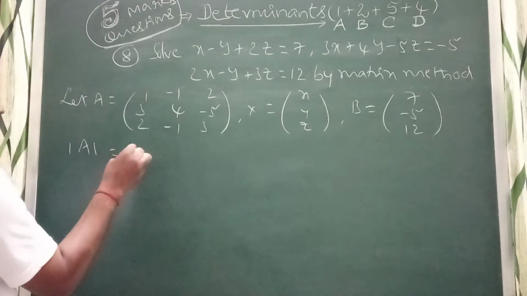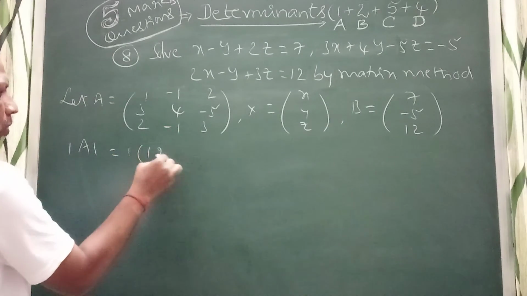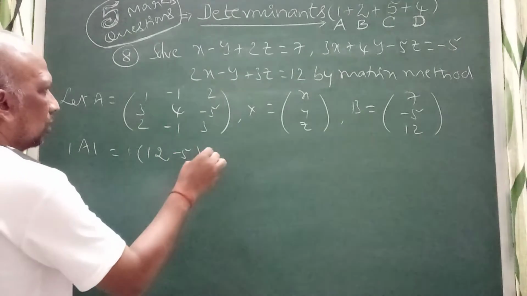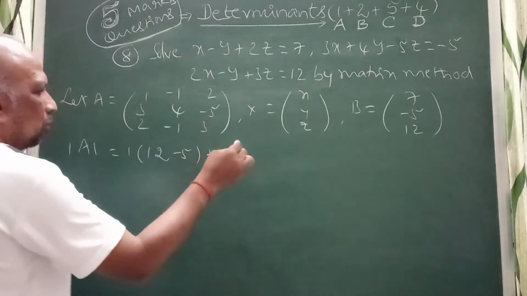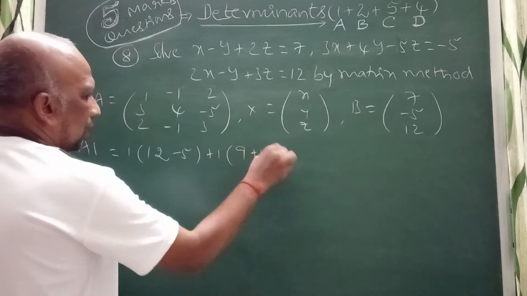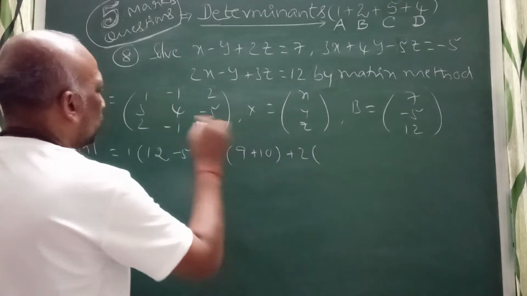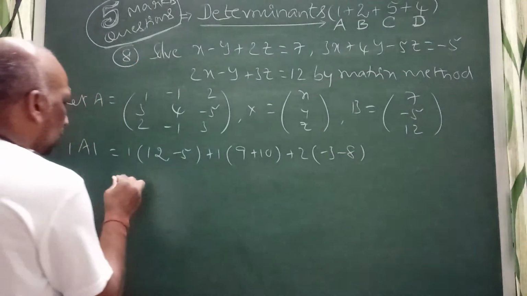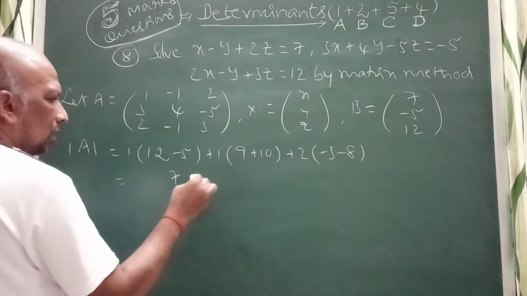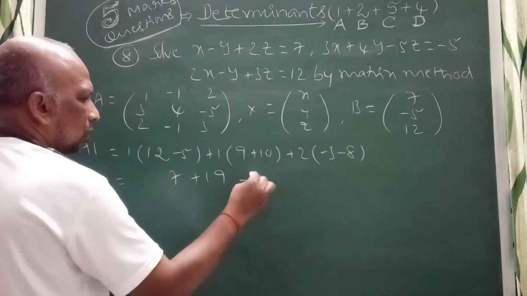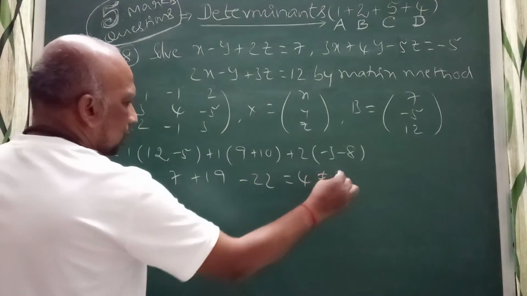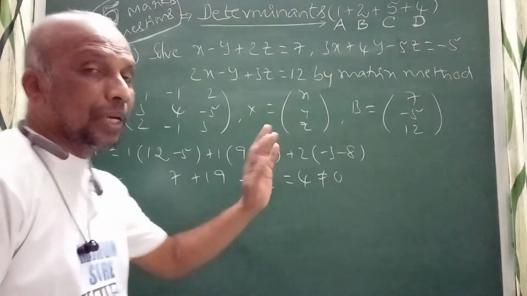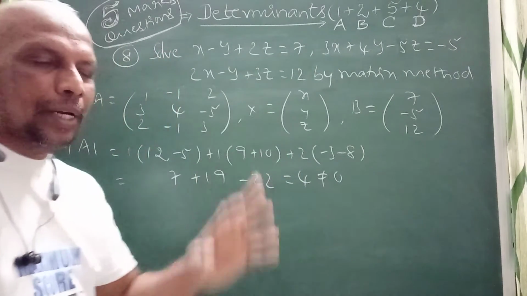After writing this, I should find det A. I can write 1 into 12 minus 5, we get minus 5, plus 1 into 9 plus 10, plus 2 into minus 3 minus 8. Counting this, 7, this is 19, 22, it was 4, which is not equal to 0, right? Since det A is not equal to 0, A is a non-singular matrix, so find the adjoint.